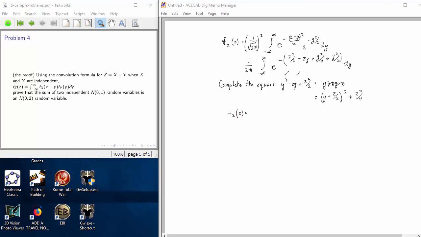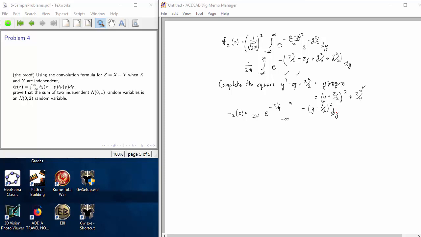this density function in a more manageable form. 1 over 2 pi e to the minus z squared over 4 from this term goes outside the integral sign, and then I have something that depends on y, the integral from minus infinity to infinity of e to the minus y minus z over 2 quantity squared with respect to y.